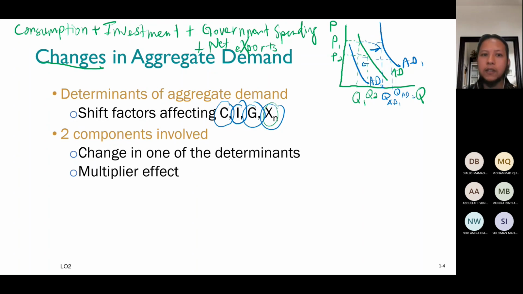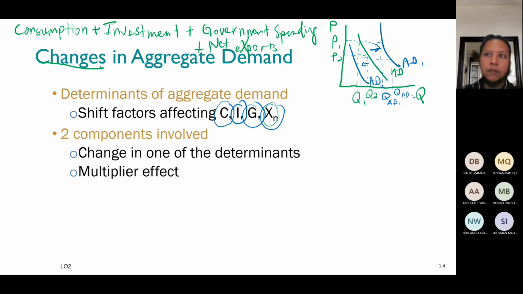For whatever reason, people may increase their consumption behavior. People may spend more, and depending on the multiplier, it may affect the AD more than the initial change.